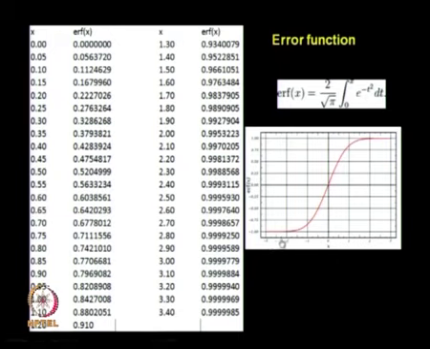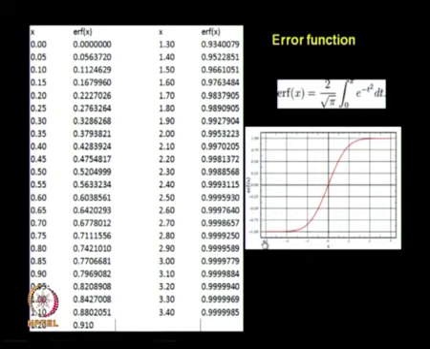As x varies like this, error function looks like this. It is very low, that is minus 1, and it rises sharply, like a sigmoidal curve, and after some value of x it reaches 1 and remains constant. So the error function varies between minus 1 to plus 1.